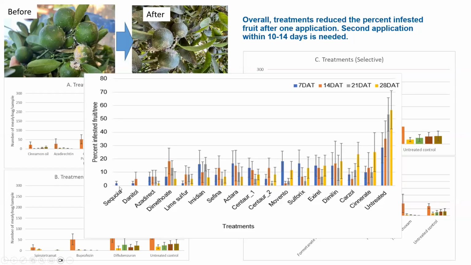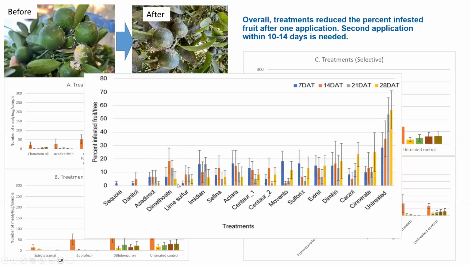The products that suppressed the mealybug population for up to 4 weeks were Sequoia, sulfoxaflor, Danitol, Azadirect, dimethoate, lime sulfur. There wasn't a lot of significant difference because the error bars were overlapping, but some products did work better than others.